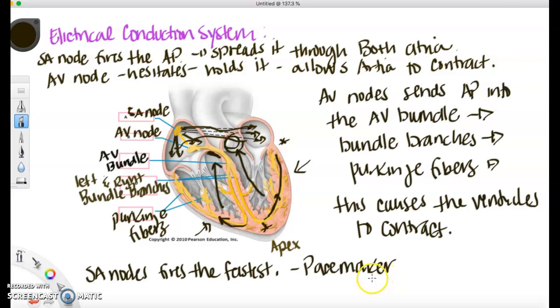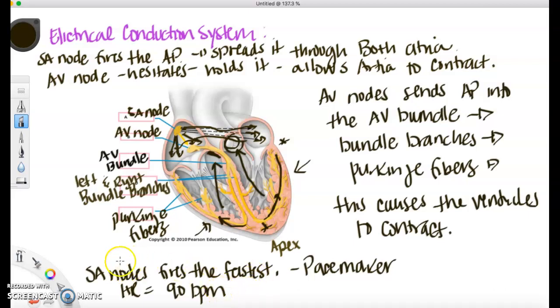If left to its own devices, without any other input, the heart rate would be about 90 beats per minute or so. But because of parasympathetic tone, it brings it down. And we'll talk about that in the next video.